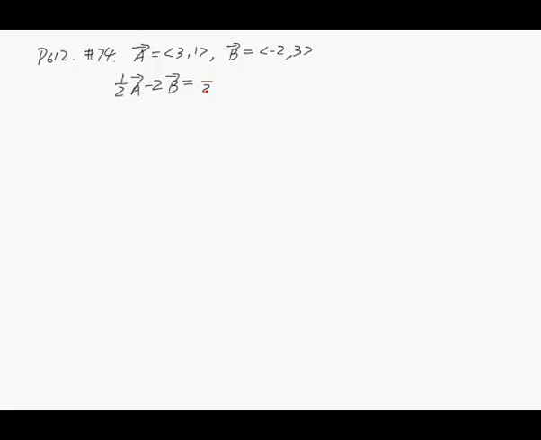So we have 1/2 times 3, 1 minus 2 times negative 2, 3. Then we just multiply each component by the scalar. So we have 3/2 and then 1/2. Right? Then for the second, you multiply by negative 2, you have 4, and then negative 2 times 3, you have negative 6.